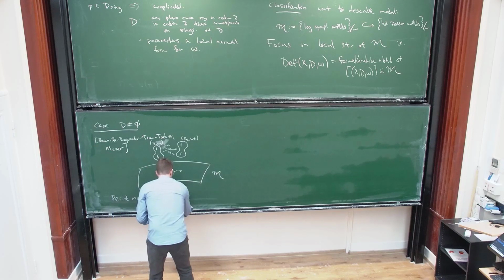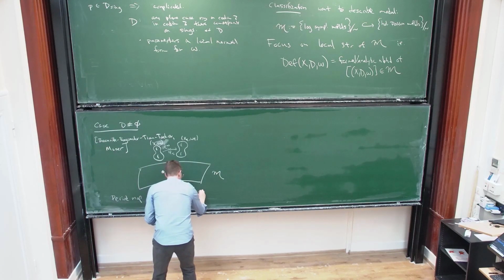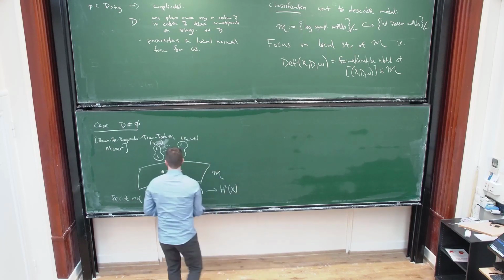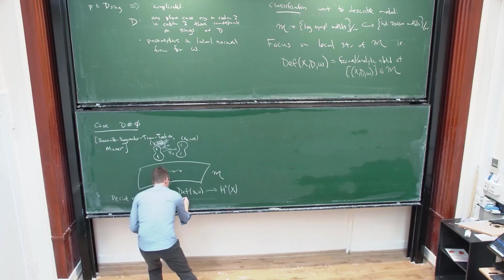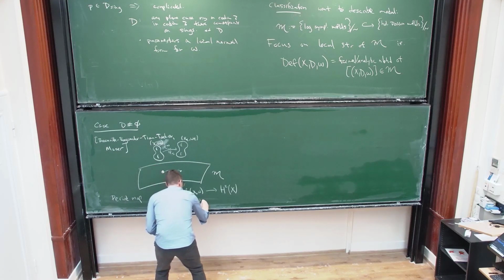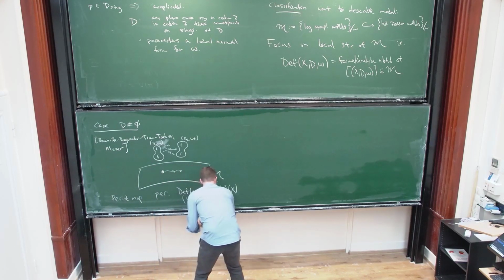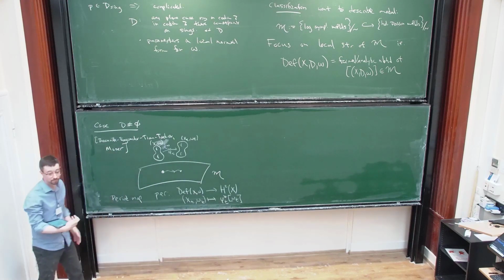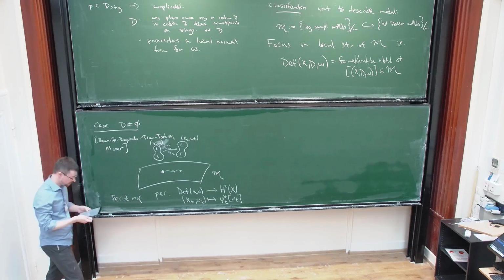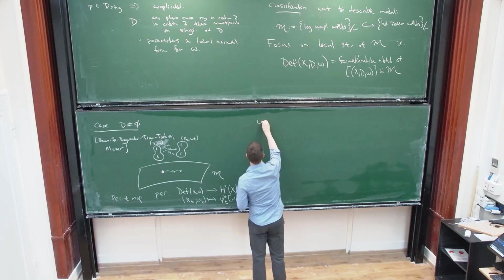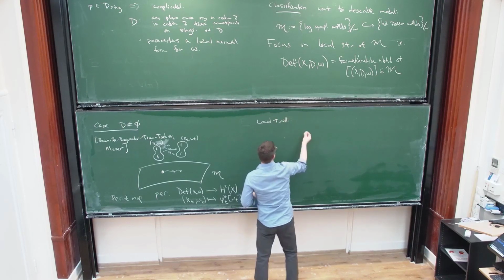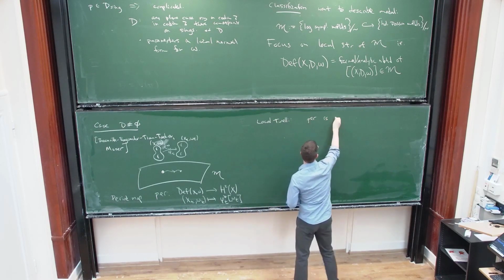And so I can take any point in the deformation space and produce a class in H² of the central fiber by taking (X_t, ω_t) to the class which I get by pulling back ω along this map. Okay? And the basic fact, which is the local Torelli theorem for holomorphic symplectic manifolds, is that the period map is an immersion.